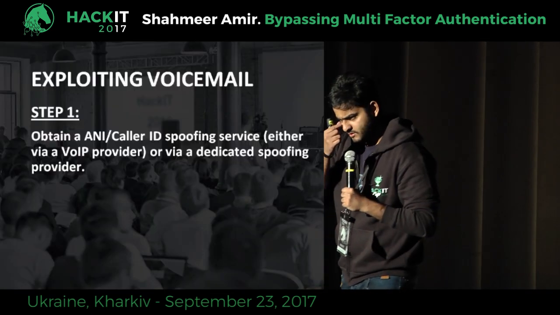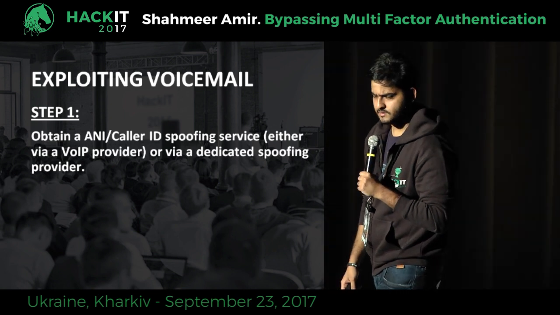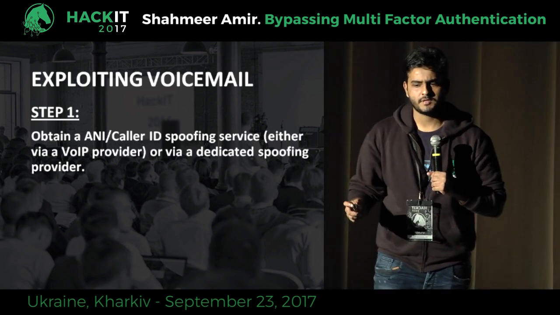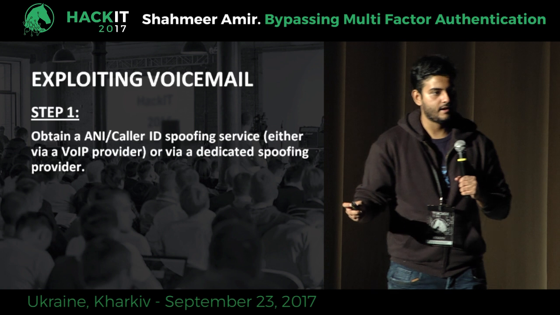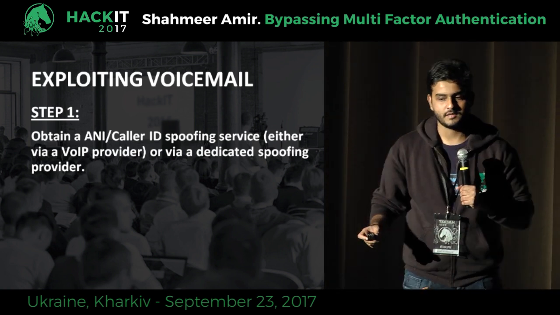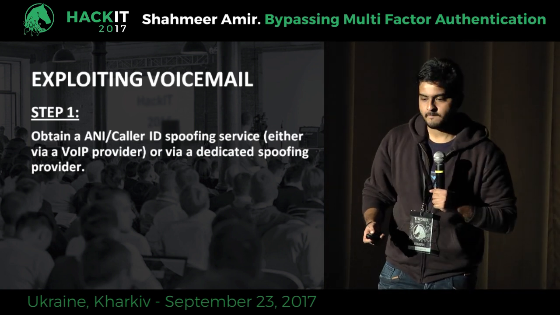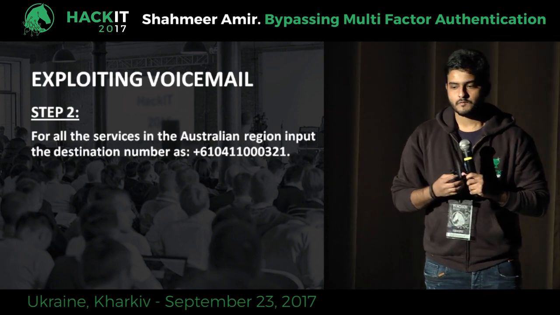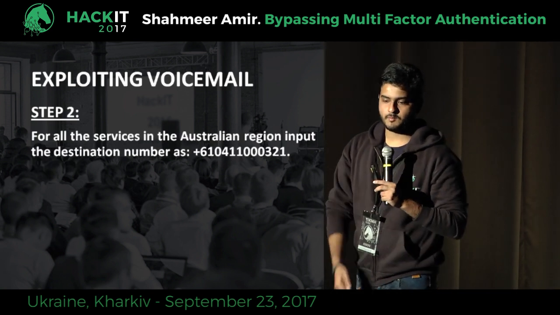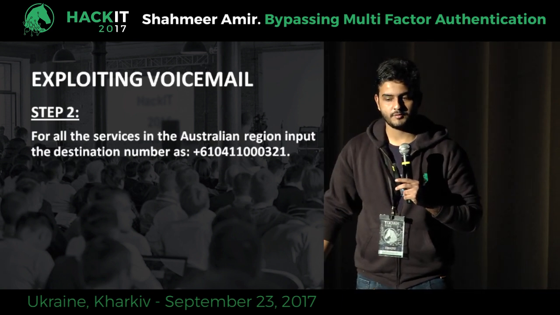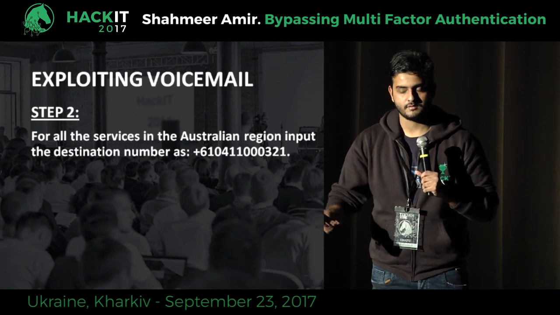So how do we exploit the voicemail? This is actually for Australian service providers. You need to obtain a caller ID spoofing service. I normally use SpoofCard for it. Then we have the Australian region input number and the destination number you have to put, which is written here.